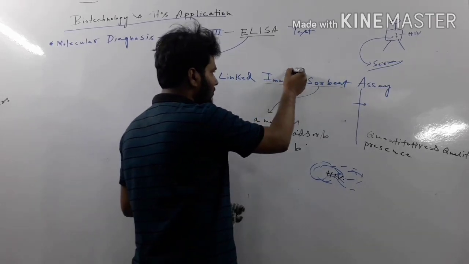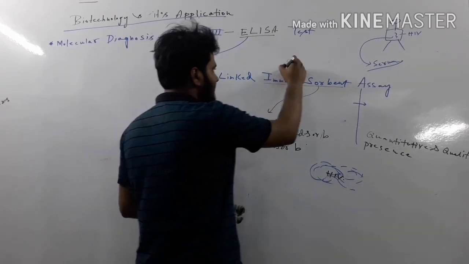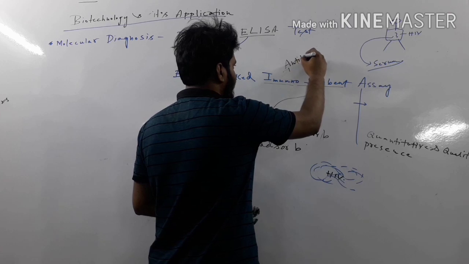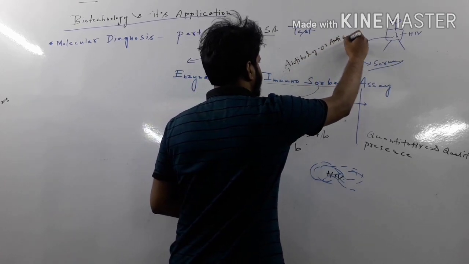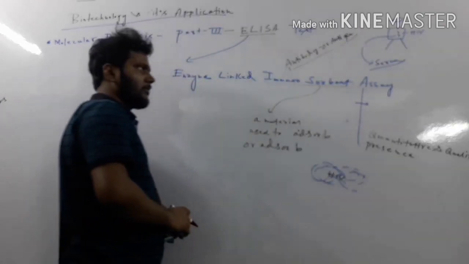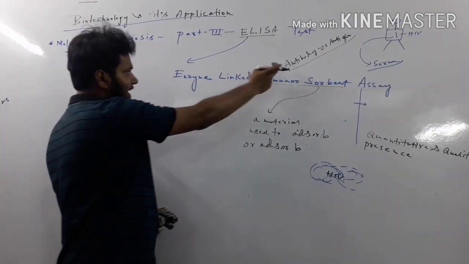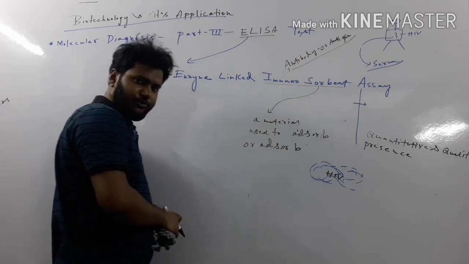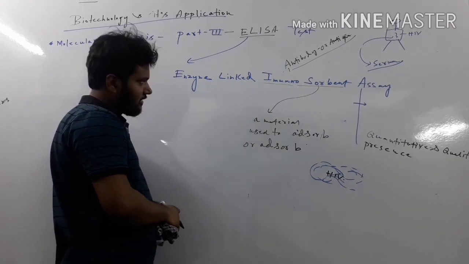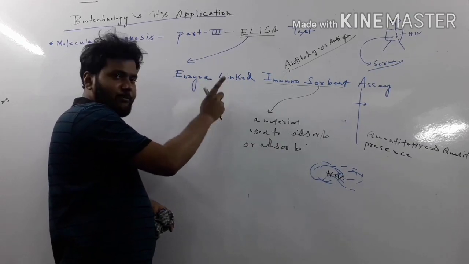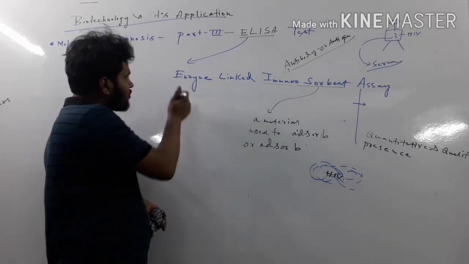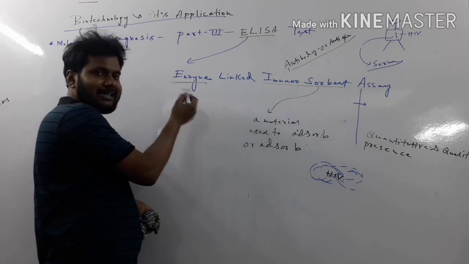So this word immuno indicates that antibody or antigen will be used. And also one thing, that antibody or antigen which will be used will not be a free antigen or antibody, okay? That antigen or antibody will be covalently linked to different types of enzymes.